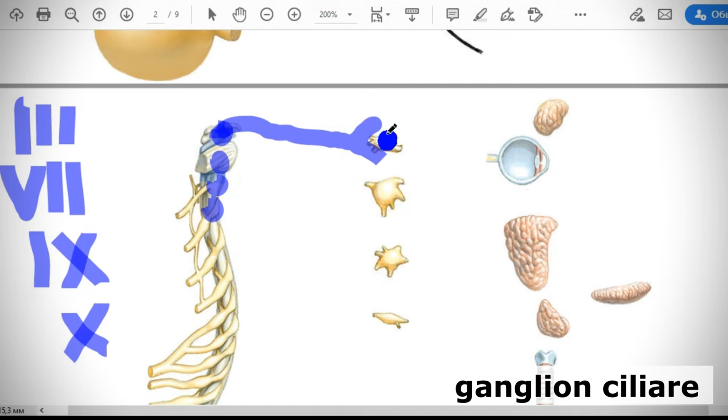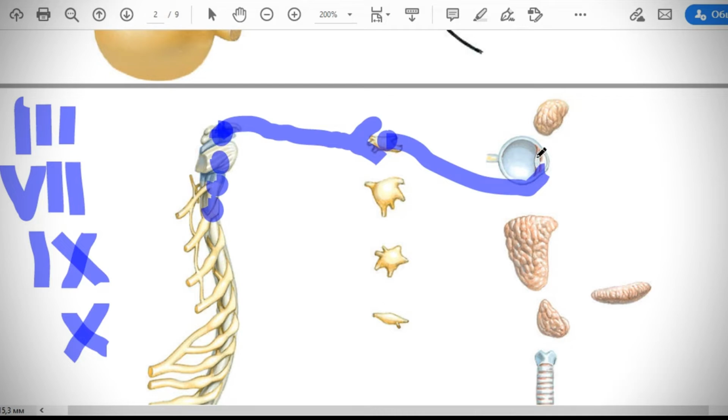Remember, in the orbital cavity you have the ganglion ciliare, lying on the optic nerve. It consists of postganglionic neurons. There will be transmission, and postganglionic fibers within the nervi ciliares breves go into the eye and supply the musculus sphincter pupillae, responsible for the pupillary reflex, and the musculus ciliaris, responsible for accommodation.